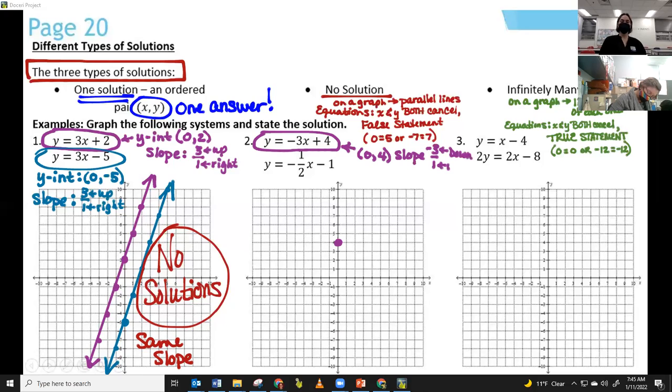And this is right. Remember, if my denominator is positive, I'm going to go to the right. Right, do that to the edge of my graph. Switch it around, do it backwards. Grab my straight edge. Go through those points.